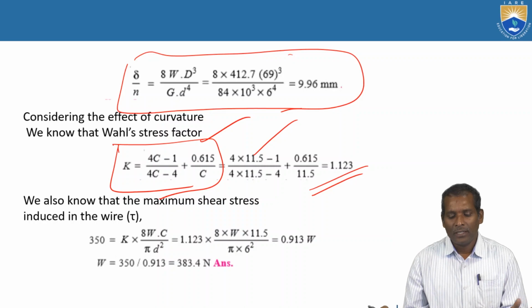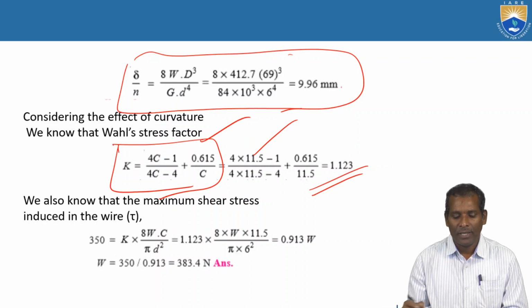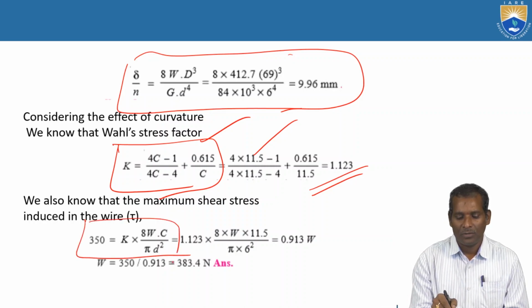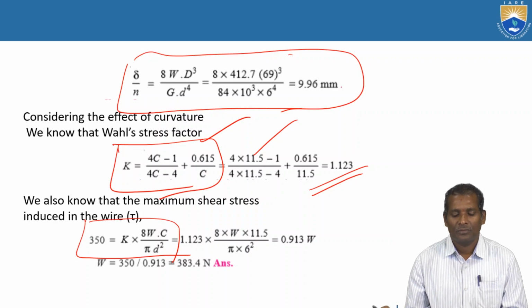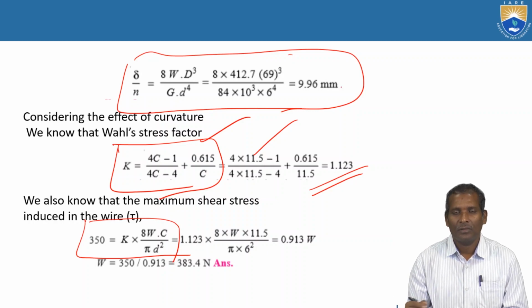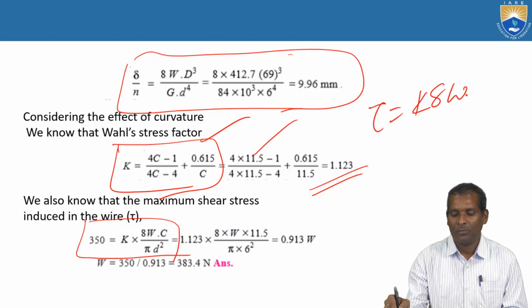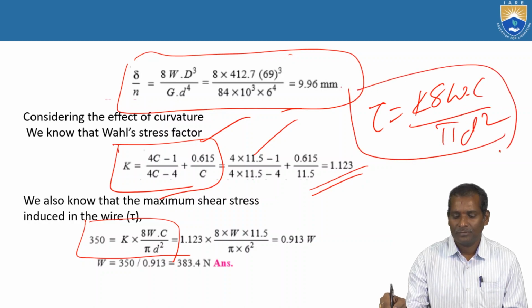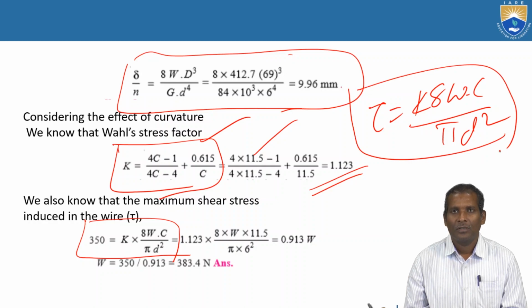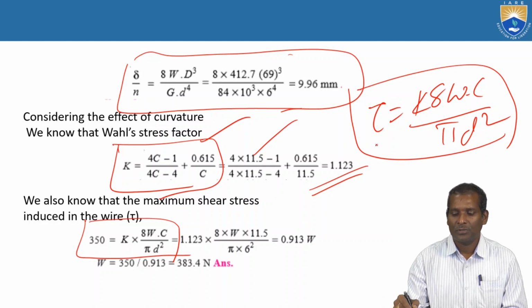We also know the maximum shear stress induced in the wire, in terms of the Wahl stress factor: shear stress is equal to K 8WC by pi d square. So substitute the shear stress value in this equation and find out the W value.